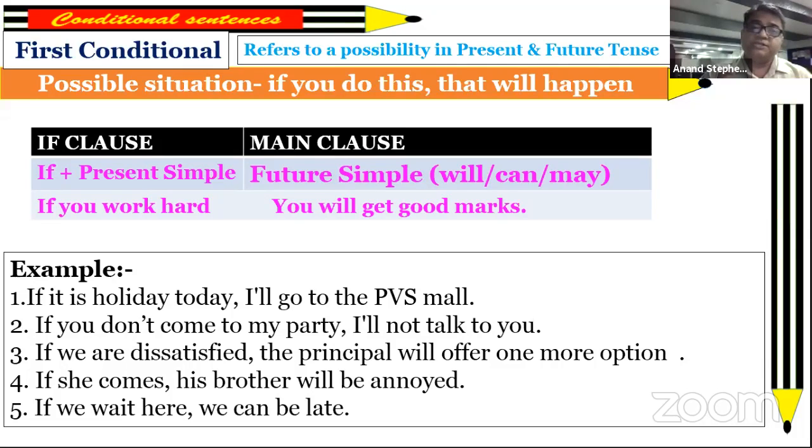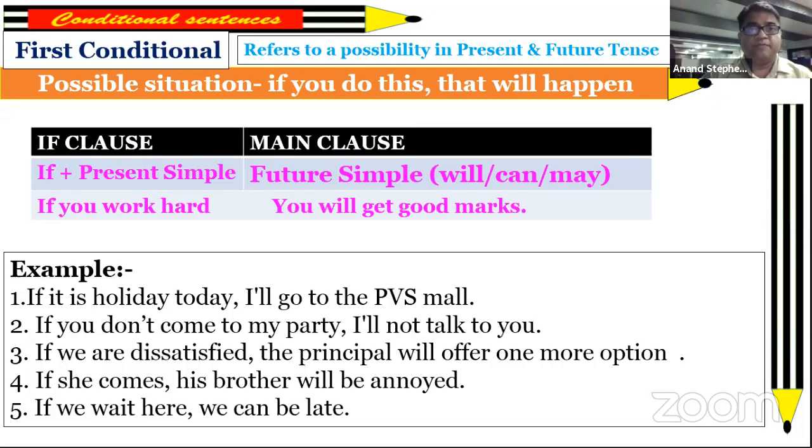जीरो कंडीशनल सेंटेंस में दोनों सेंटेंस डिपेंडेंट क्लॉज और मेन क्लॉज, they are in simple present. But here in first conditional sentence, the first clause, that is dependent clause, if clause, will be in simple present and main clause will be in future simple. This we have to remember.